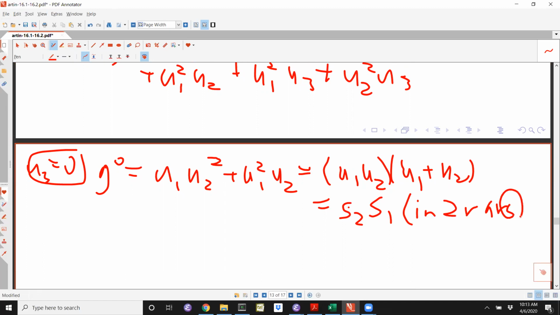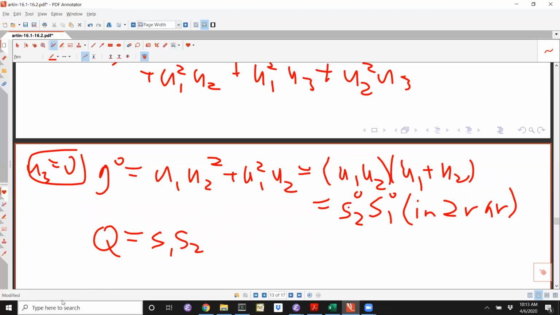So the whole point of that is Q is equal to S2 S1. I should put a little circle here, and that little circle indicates that it's the U1 and the U2 in 2 variables and not in 3. So Q is equal to S2 S1, or I guess I'll rewrite that as S1 S2.